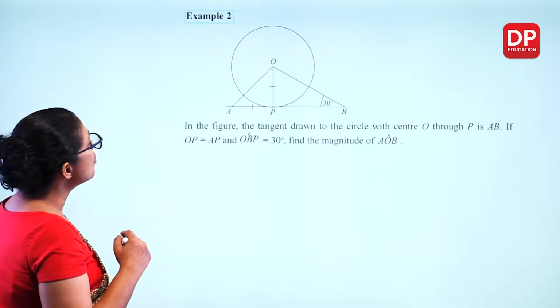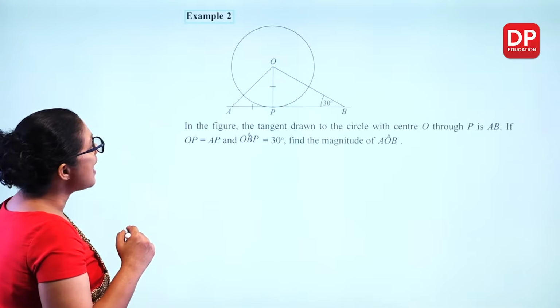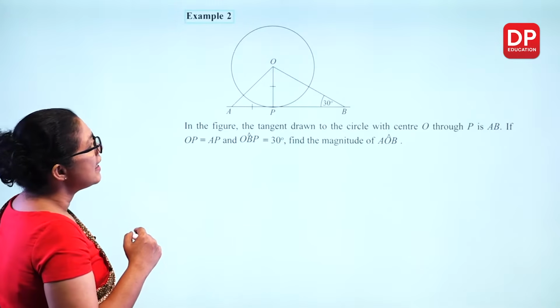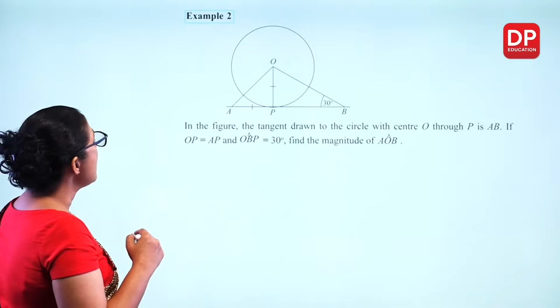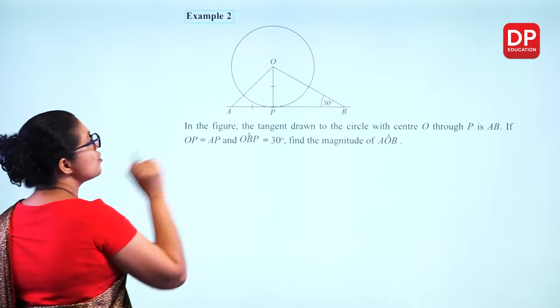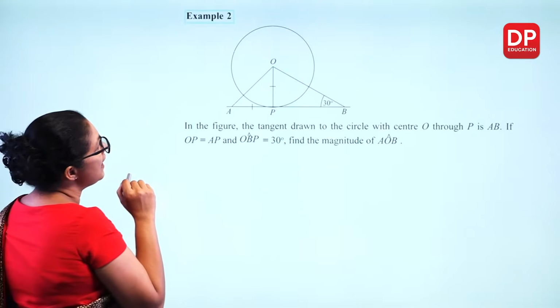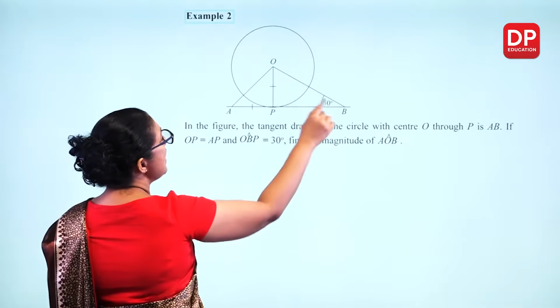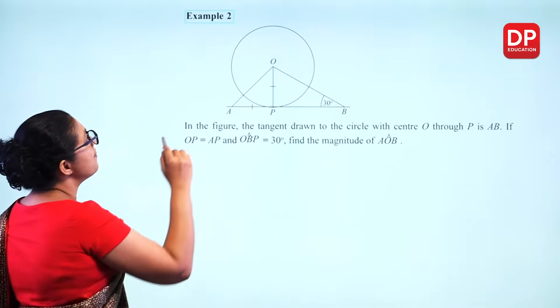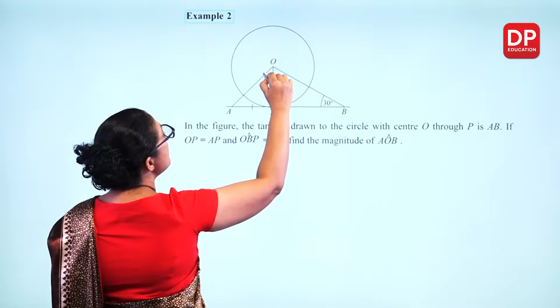Look at example 2. In the figure, the tangent drawn to the circle with center O through P is AB. If OP is equal to AP, and OBP is 30, find the magnitude of AOB. So we need this full angle.